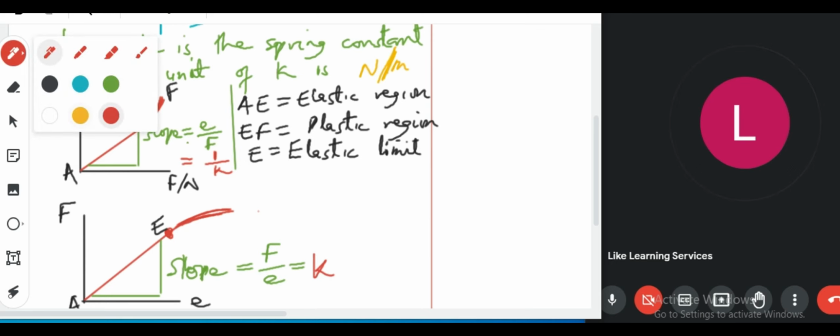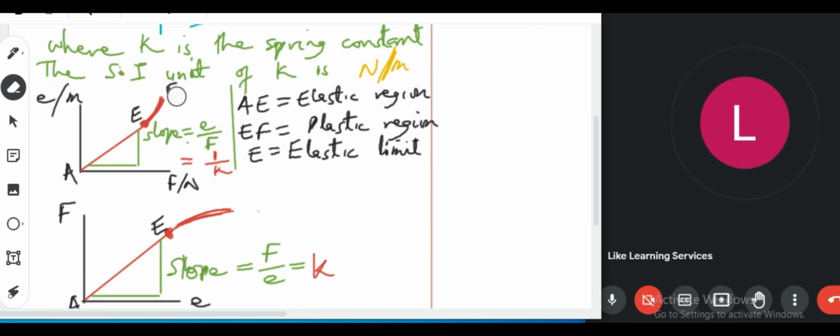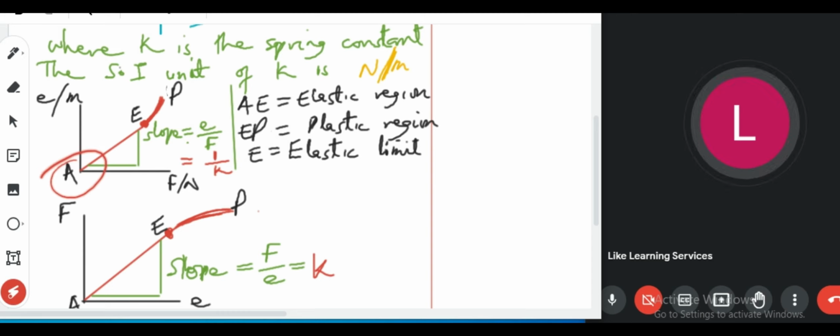Okay. I should have called this a different name, so let me call this P instead of F, so it doesn't confuse some of the things that we need to talk about. So A to E is the elastic region. When you stretch it and you remove the load, it will return to its original length.